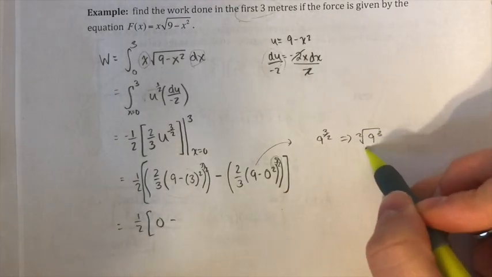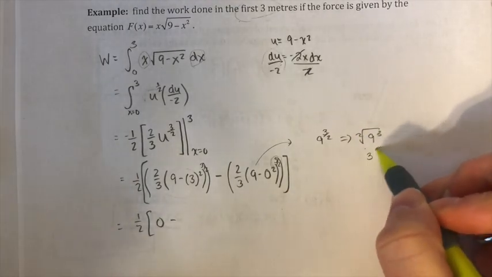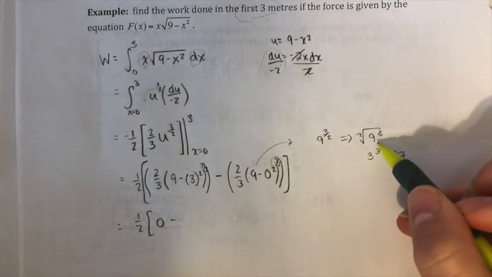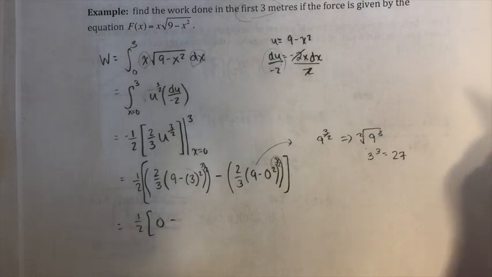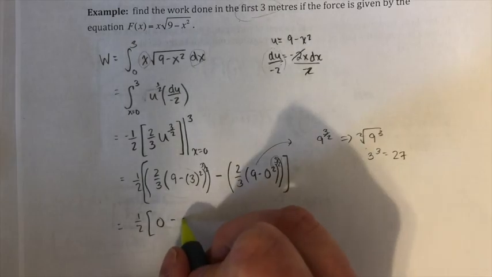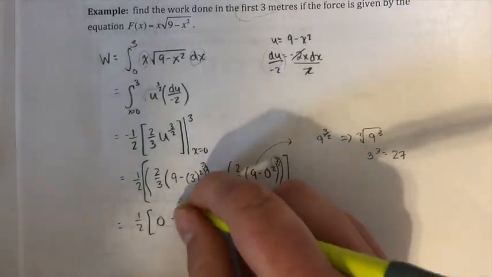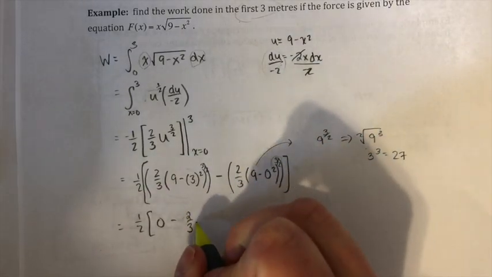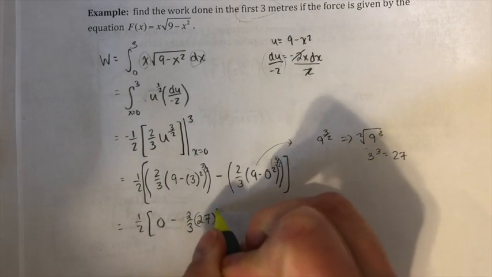We can do the square root first and get 3 and then cube it, so we have 27. That seems easier than trying to do 9 cubed because I don't know what that is. Okay, so this is 27, but we've got 2/3 of 27.